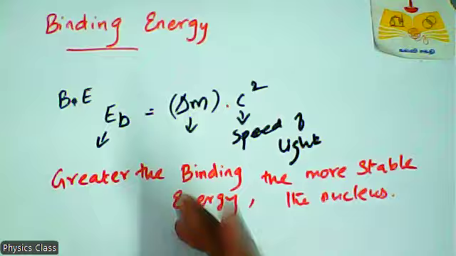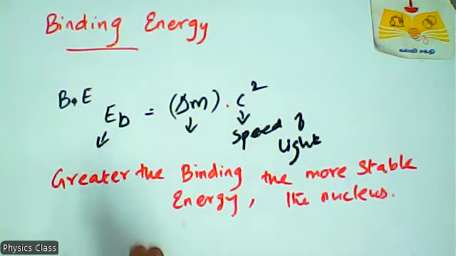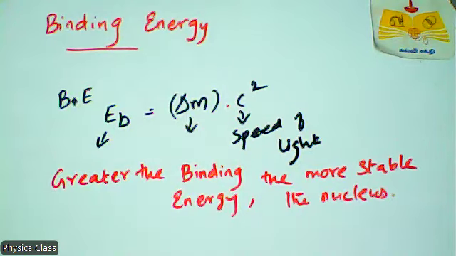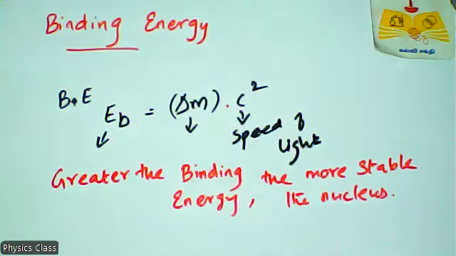You provide some energy to break that nucleus, but that energy should be equal to the binding energy of that nucleus. Okay, now you are clear with that concept. Clear?